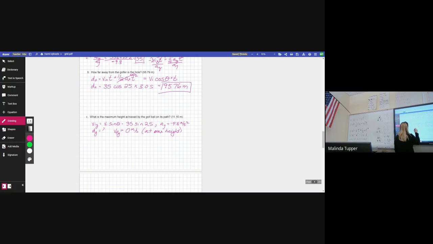From that, I know this is my last kinematic equation, so I'm using a different one than I normally do.